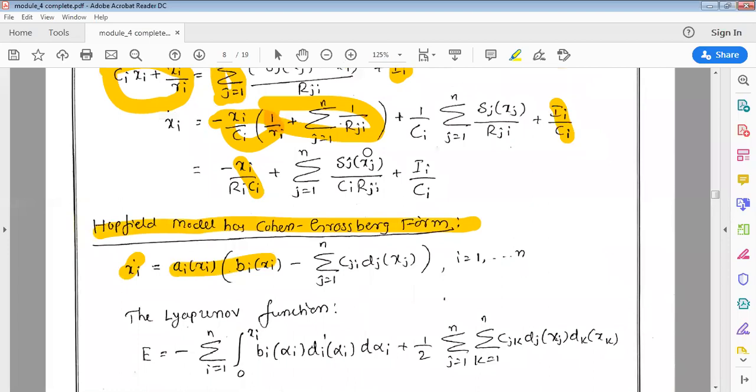This is very similar to the previous one. Look at xj and this form: if you take ai of xi equal to 1, then I can write bi of xi equal to minus xi by RiCi, and this summation is as it is, cji dj of xj will form this value.